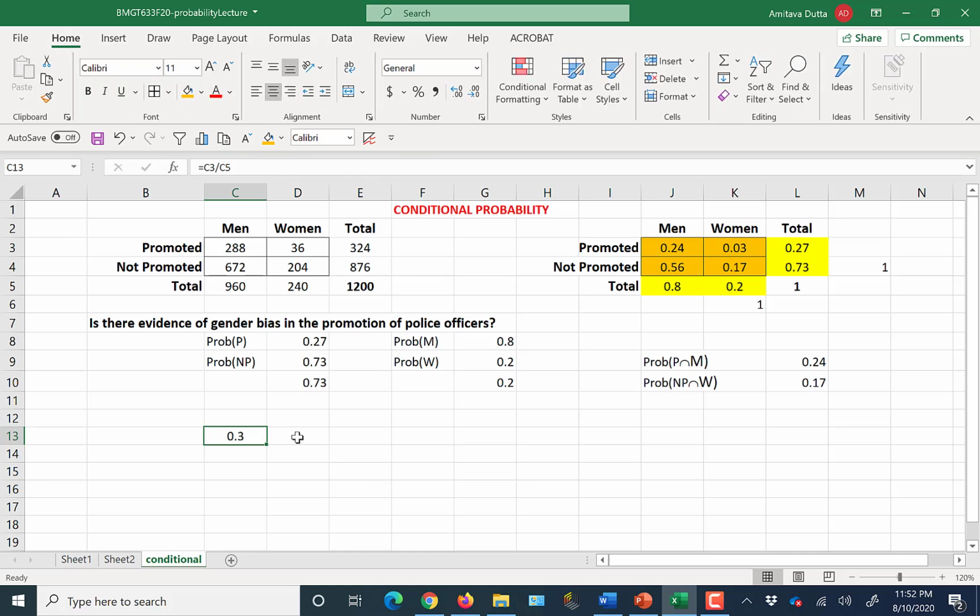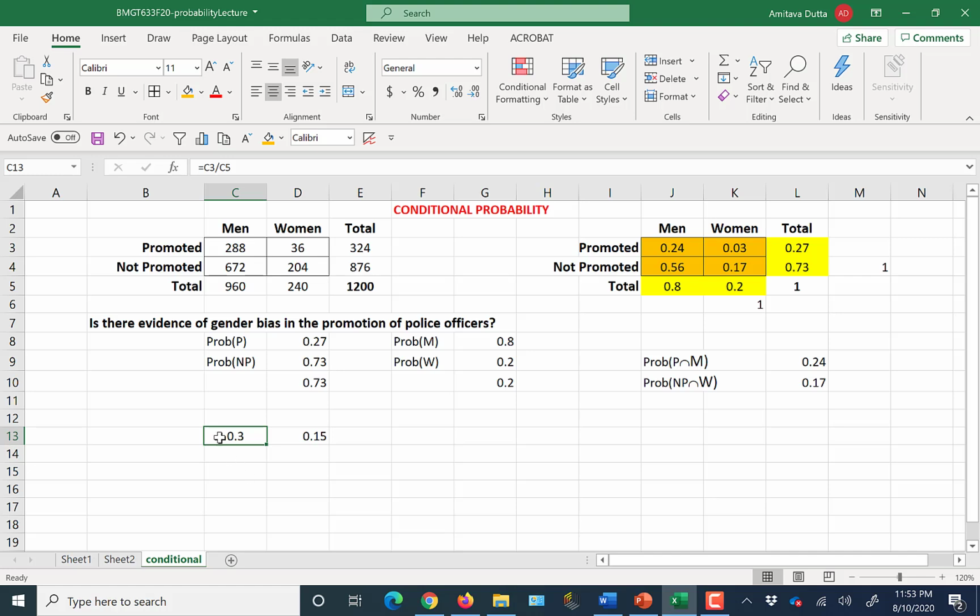Now let me compute the same thing for women. There are only 240 women and 36 of them got promoted. So the likelihood is 36 divided by 240. Now when I compare these, these are also probabilities, but these are what are called conditional probabilities. So how do I interpret it in words? What is this 0.3 the probability of?